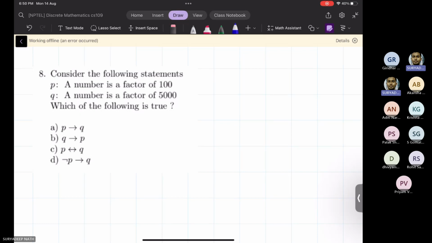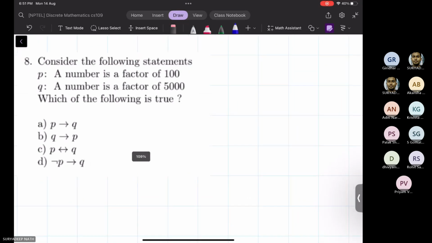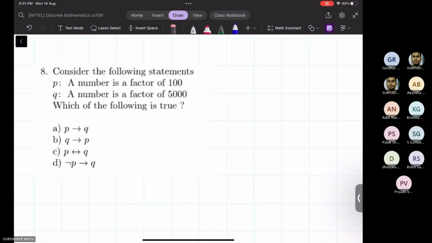What do you think is the right answer? Can anyone take a guess?